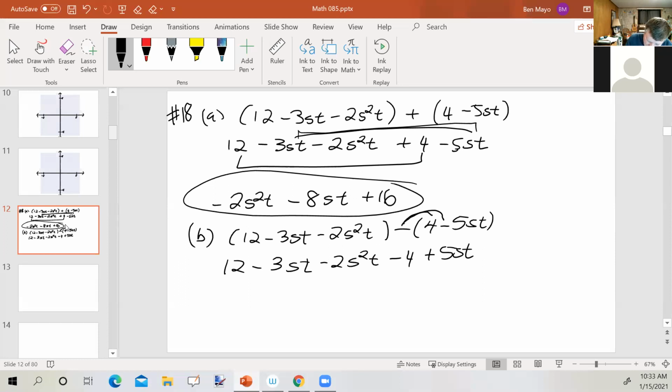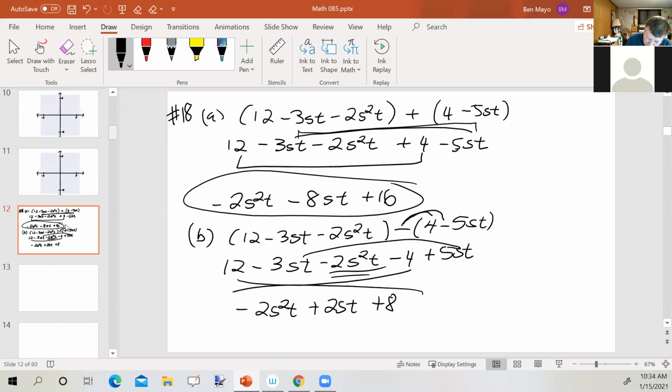Again, combining like terms, these go together, those go together. I'm going to put that up front. Negative 2s squared t. Minus 3st plus 5st would be plus 2st, and 12 minus 4 would be plus 8. So there we have the second answer. Any questions about that?